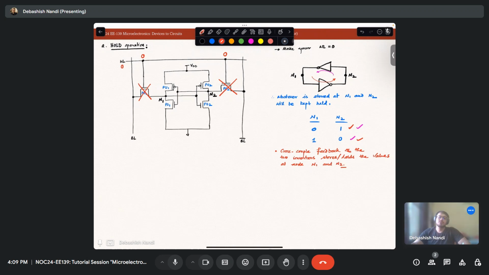Fine. So that is how your hold operation takes place. Now we need to, let's say, look into the read operation.